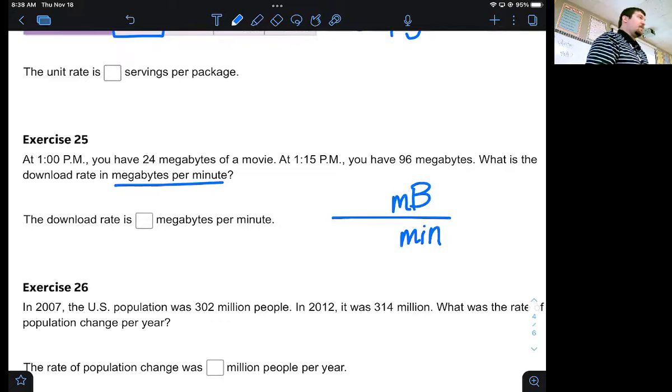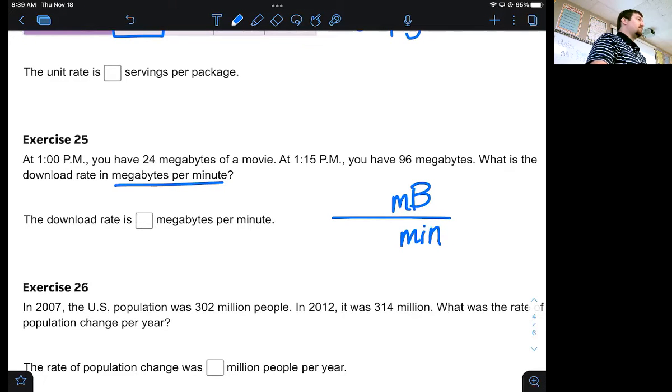Now, what makes this problem interesting is they give you 2 different megabyte numbers. They said at 1 o'clock, I had 24 megabytes downloaded, and at 1:15, I had 96 megabytes downloaded. So in order to figure out what our speed is, we need to know how many megabytes we downloaded in that time frame. How do I determine how many megabytes were downloaded in that time frame?